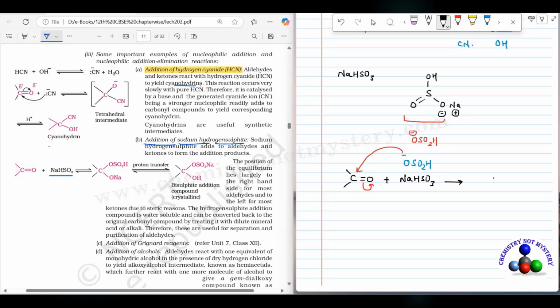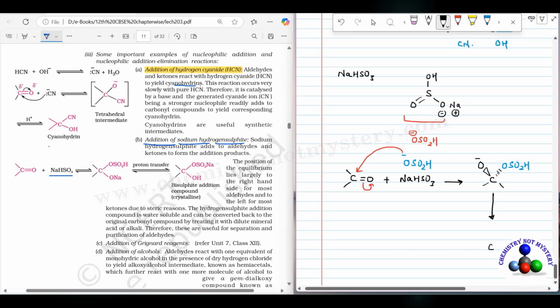So here this is the carbonyl carbon. Now it becomes tetrahedral. So here O-SO2H will get attached and oxygen will become O negative. Now this tetrahedral intermediate will abstract a proton from the reaction medium.